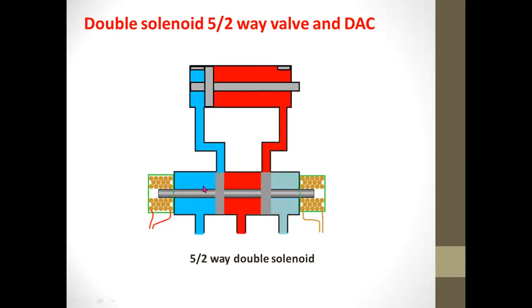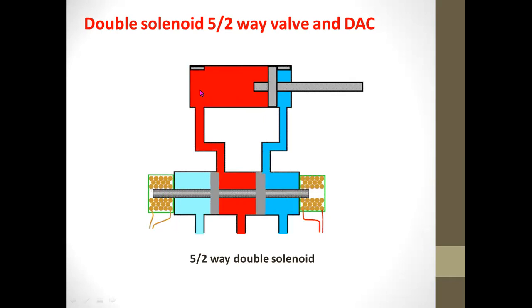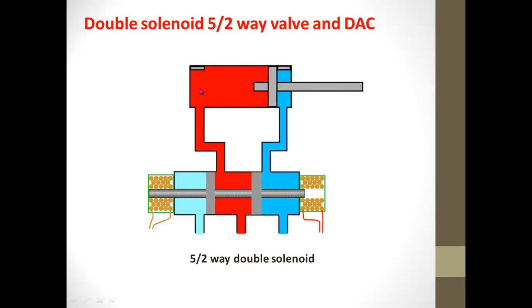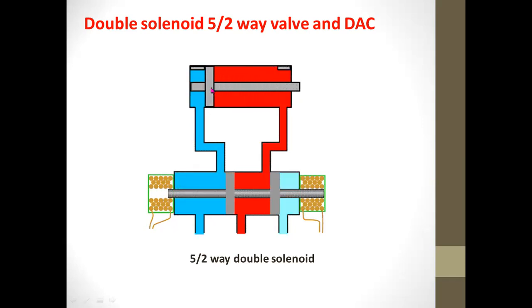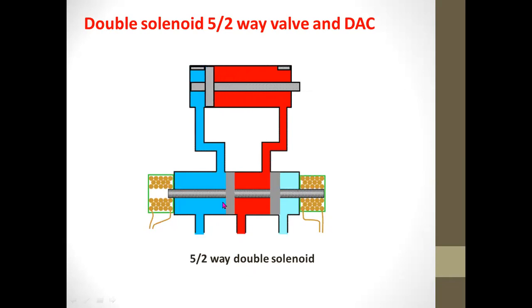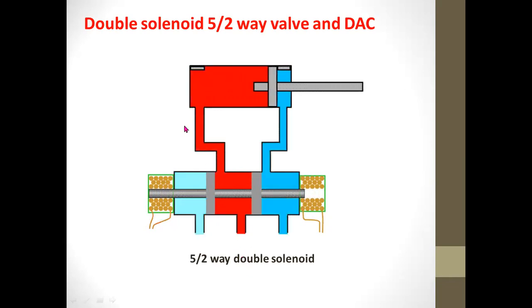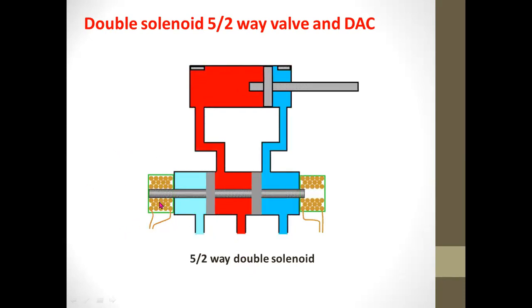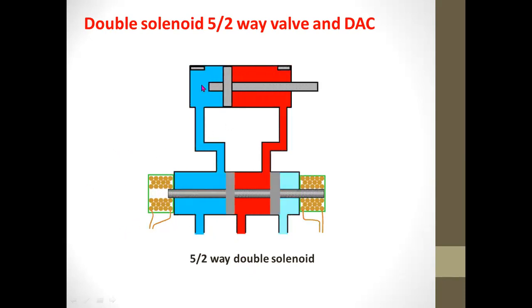So even if the power is cut off, assuming that the cylinder is still in the process of extending, so long as there is air flowing, then the cylinder will continue to extend.